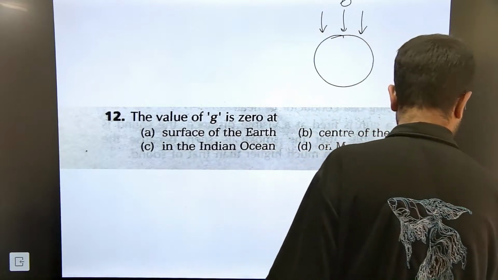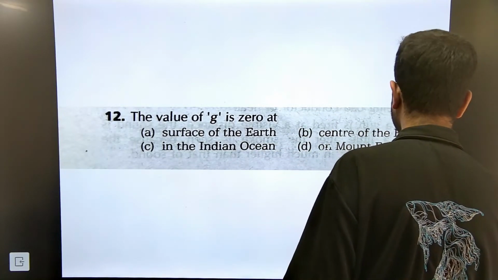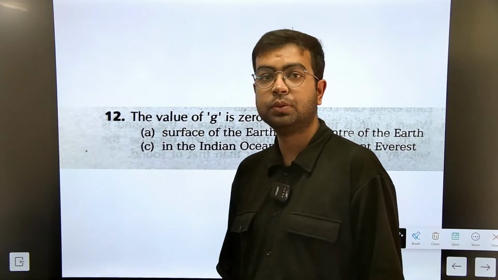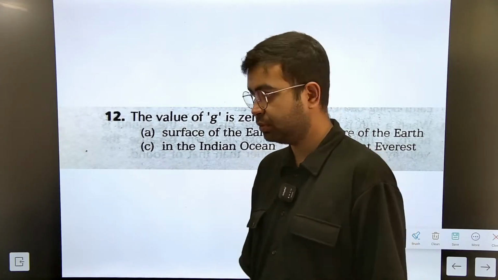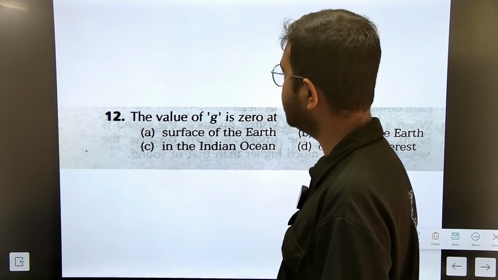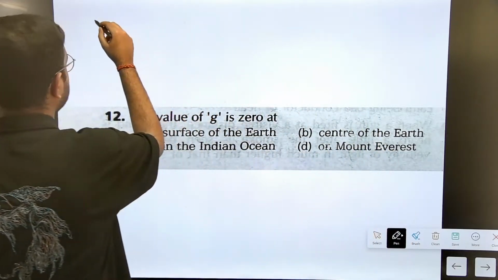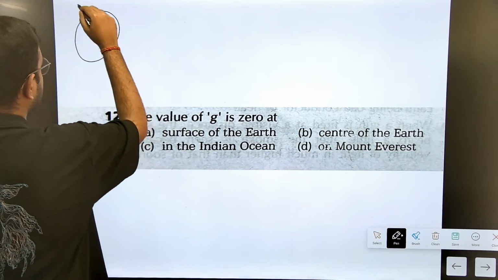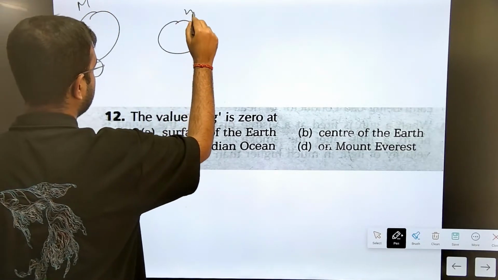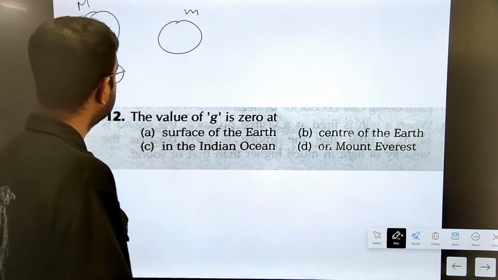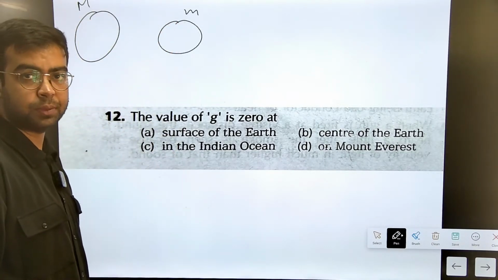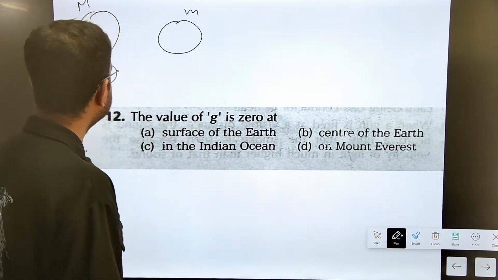Now, if we look at the law of gravitation, the equation of gravitational force, what does it say? Say there are two bodies, whose masses are capital M and small m respectively. Okay, and there is a distance between them.